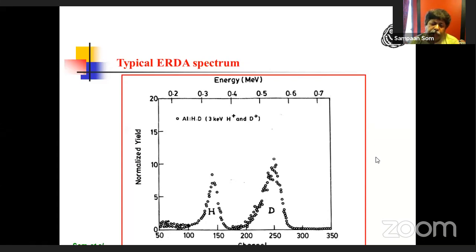When 1.7 MeV helium ions bombard this aluminum target implanted with hydrogen and deuterium isotopes, you see that deuterium, being heavier than the hydrogen isotope, the proton, appears ahead of that, like any other heavy element in RBS signals we have seen, and then hydrogen appears.